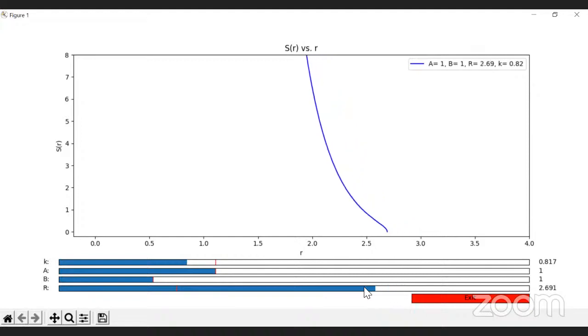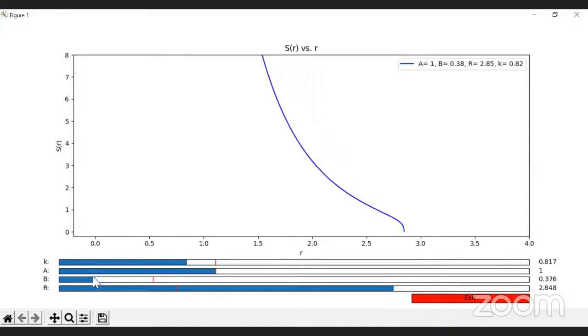And this is the case for each and every R. So let's consider a certain value of R. Now, B behaves in the same way as K. So basically, when it decreases, the point of saturation also decreases, and when it increases, it also increases.